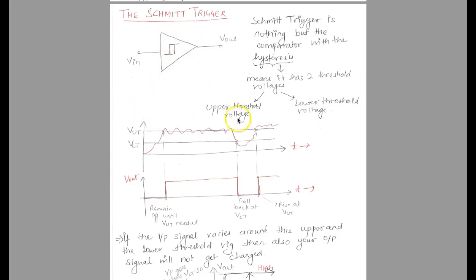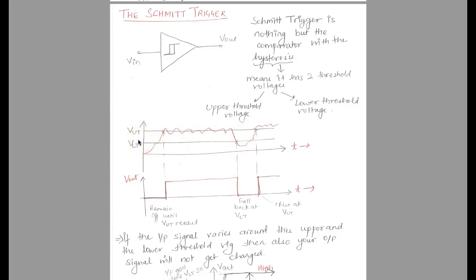When I say upper threshold and lower threshold voltage limit, as you can see in this particular waveform, this is my input signal going in here, and there is so much noise in this. And we define an upper threshold and a lower threshold limit.